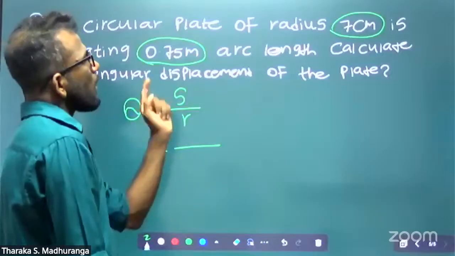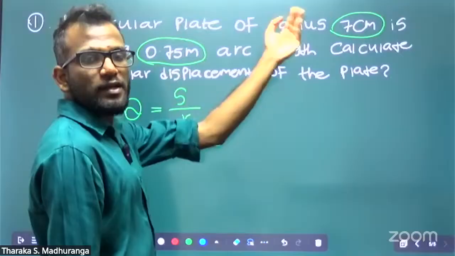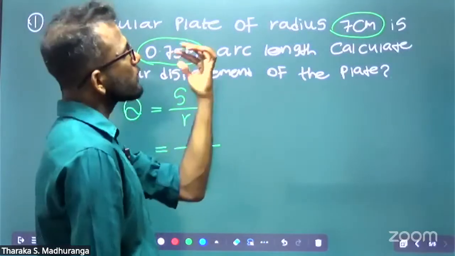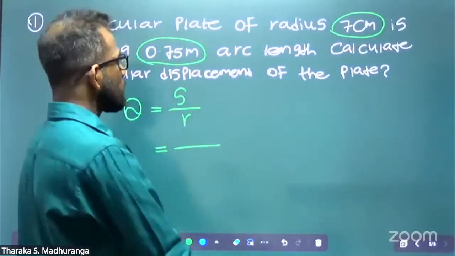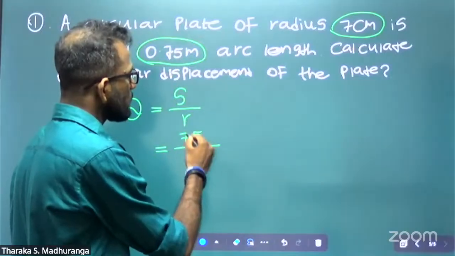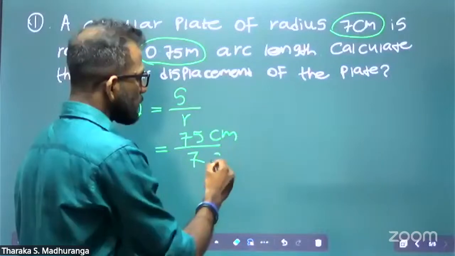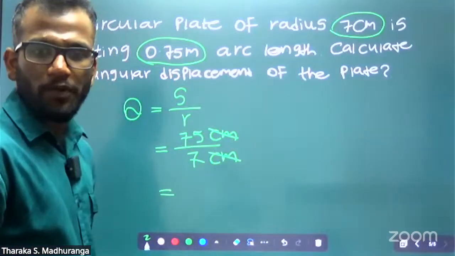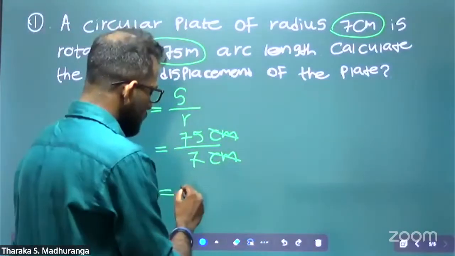You have two options. Convert 7 centimeter into meter, then you can cancel meter to meter. If not, convert 0.75 meter into centimeter. 0.75 meter means 75 centimeter. 75 centimeter over 7 centimeter, then centimeter cancels. Then it is 10.71 rad.